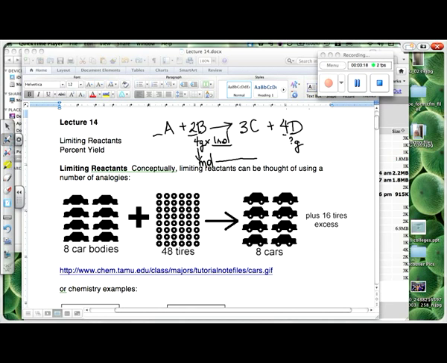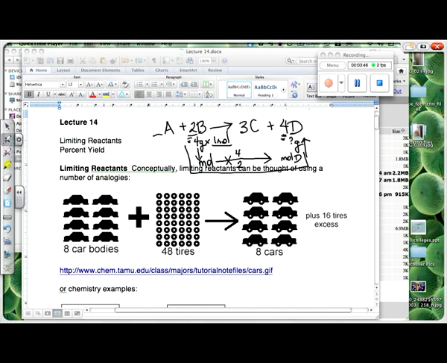Then I will use the coefficients. In this case, it would be times 4 over 2, and I would have my moles of D, and then I would do another periodic table step. So here's the box, where I then take those moles of D and use the mass from the periodic table to switch it back to grams.